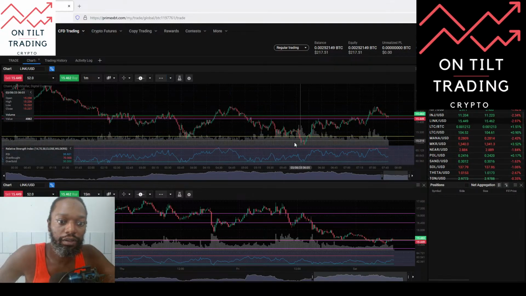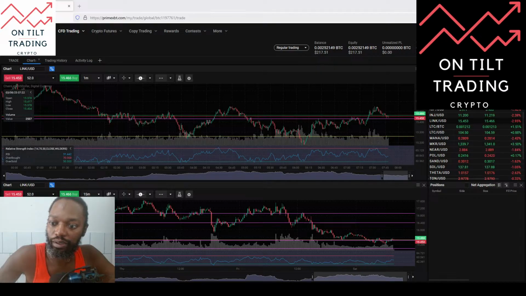So right now, here in this area, when we're oversold or we're overbought in this area, we can see high volume. Right now, we're headed towards some oversold conditions.